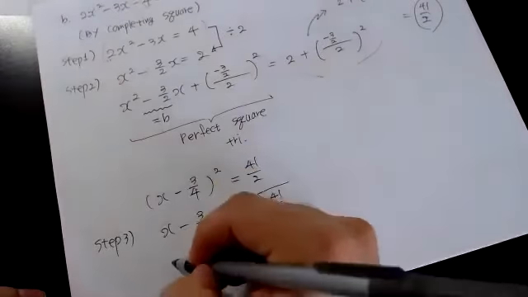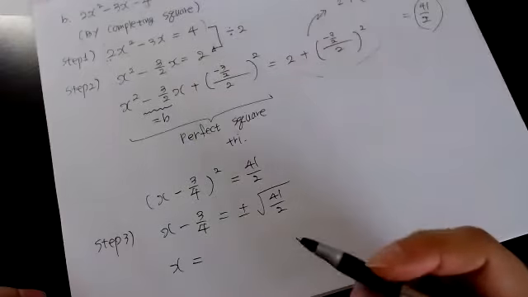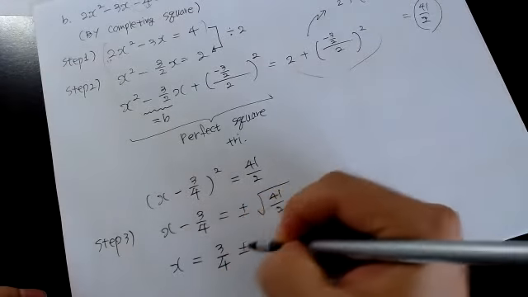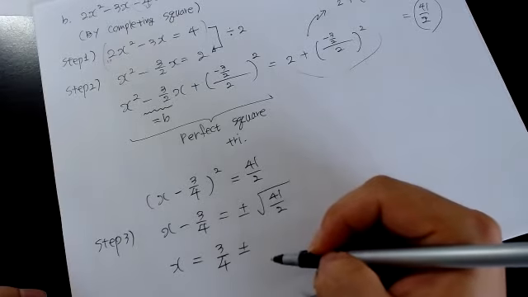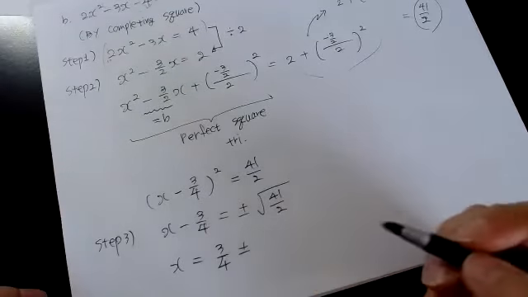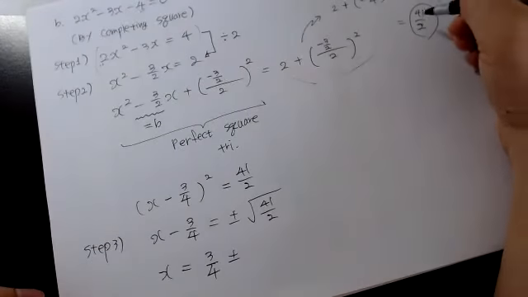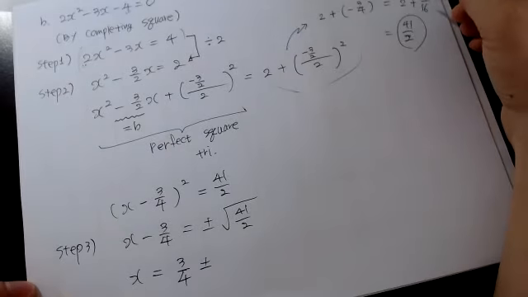Now then x is equal to 3 over 4 plus minus. Give me a second. It should be, give me a second, not 2, right? I got it wrong here. It's 16.